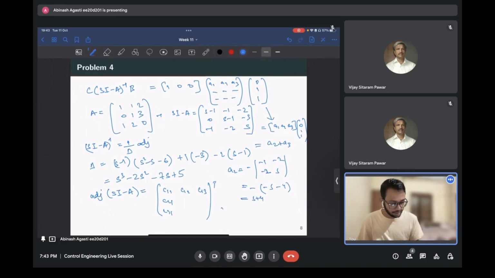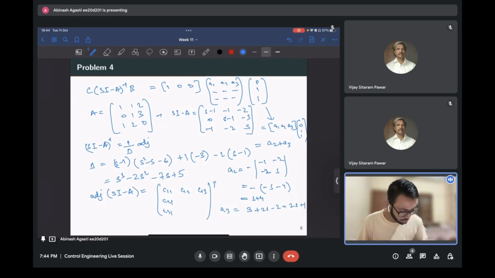And then A3 is similarly this determinant, no minus sign now. So that is 3 plus 2s minus 2, that is 2s plus 1.